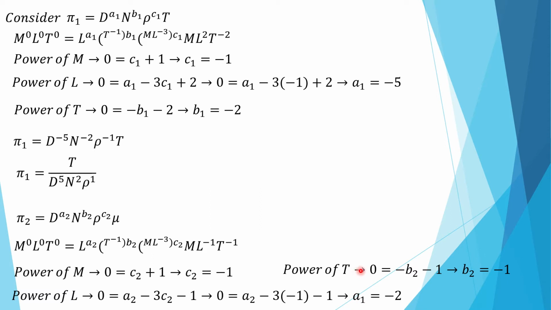Similarly, equating the power of T, we get 0 is equal to minus b2 minus 1. So b2 is equal to minus 1. Next, you can substitute in the equation for pi 2, we get mu divided by d square n rho.